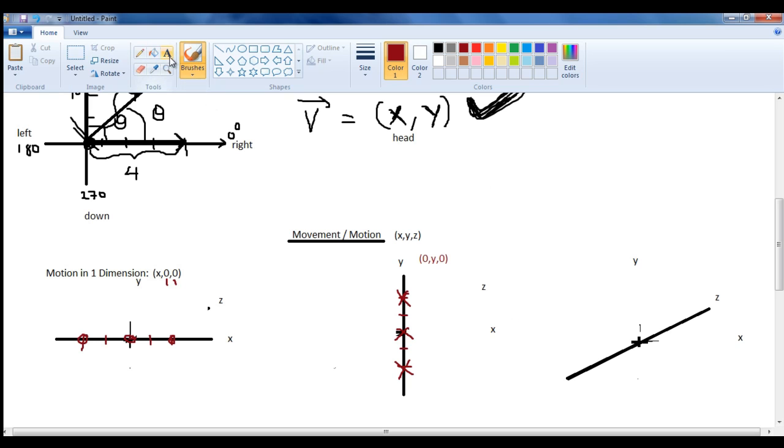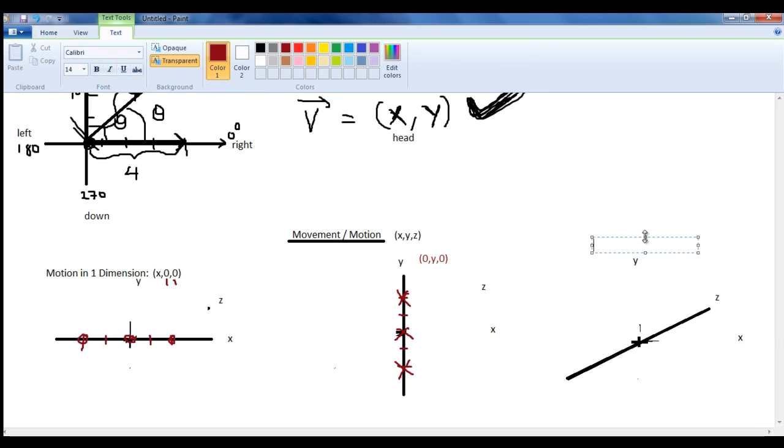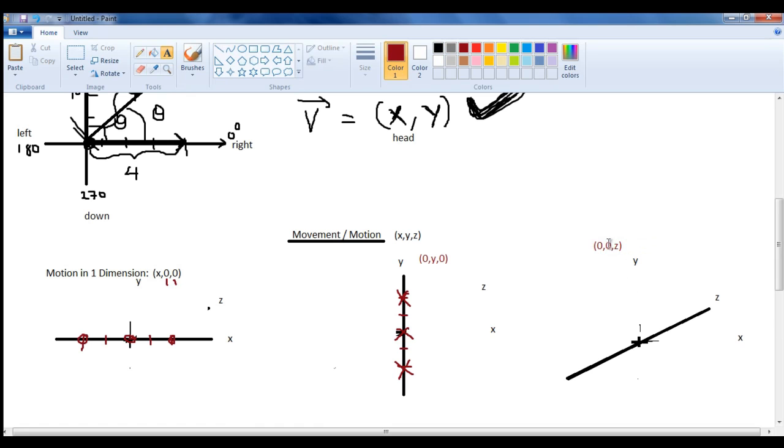And here we are constraining the movement so x will be 0 always, y will be always 0, and it is going to have the z value. Z is a variable which you can change according to your requirement. If z is 0, the object will be over here. If z is 1, 2, let's say -1, -2. If z is 2, then the object will be over here. X and y will be always 0. This is known as motion in one dimension.